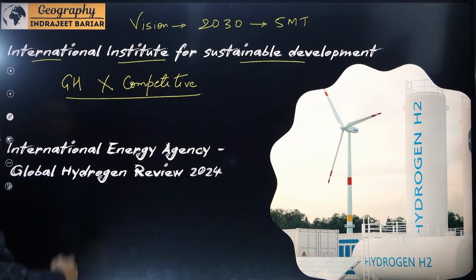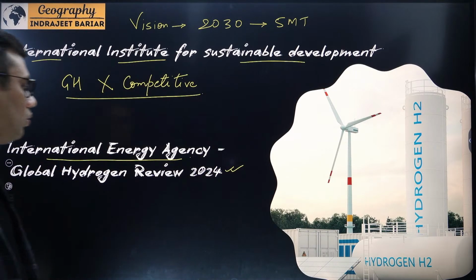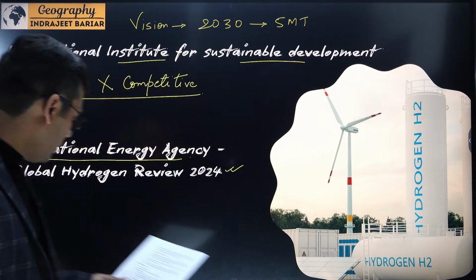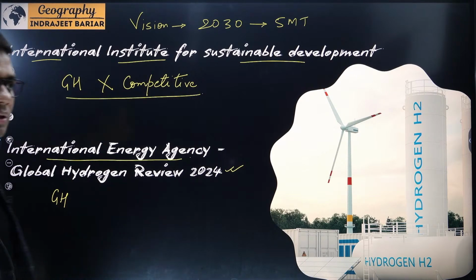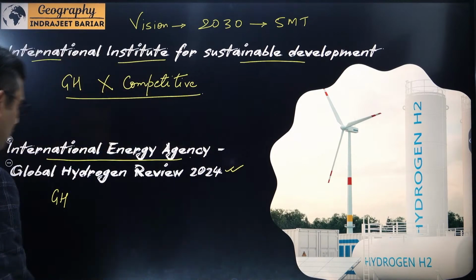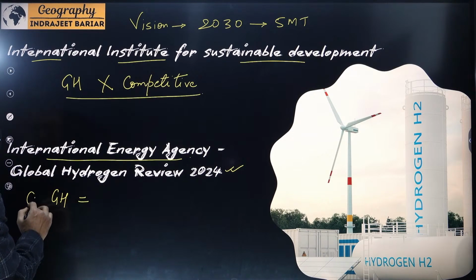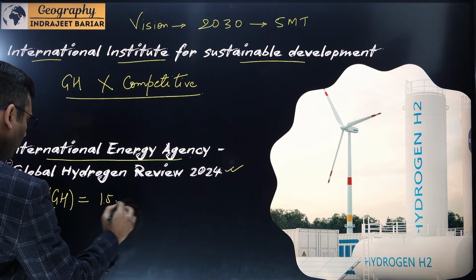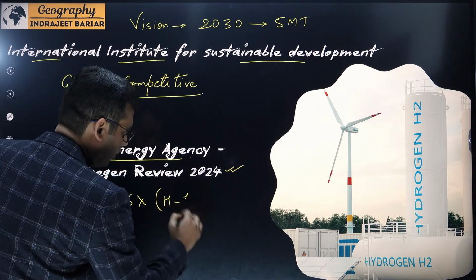Secondly, if I see the International Energy Agency, it very recently released this Global Hydrogen Review. And under this Global Hydrogen Review, what it says is that the cost of producing hydrogen from green sources, that would be green hydrogen, is almost 1.5 to 6 times that of hydrogen produced from fossil fuels.